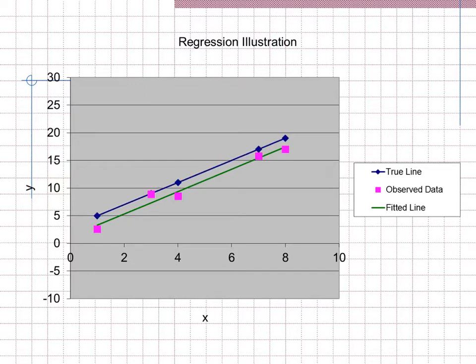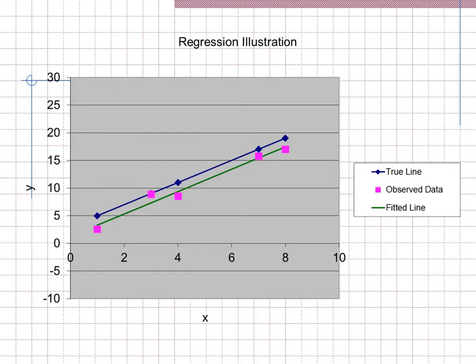The blue line has 4 points on it, and those points are what we would observe in our data if it weren't for the residuals. So we assume that the model would be perfectly linear and the fit would be perfect between the data and the fitted line were it not for the residuals.